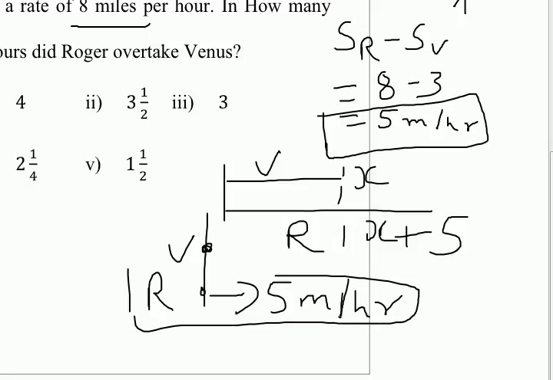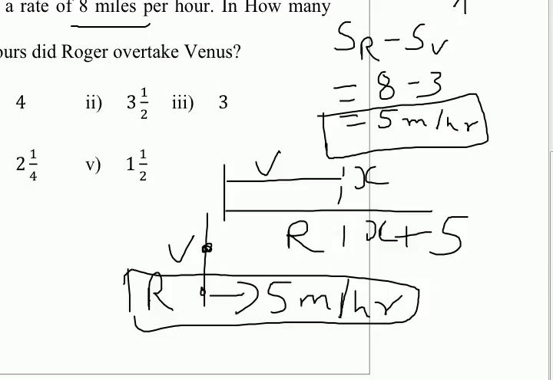The relative speed of Roger with relation to Venus is 5 miles an hour, which means if you take only these two into consideration, you can assume that Venus is stationary, and Roger with reference to Venus is moving at 5 miles an hour.